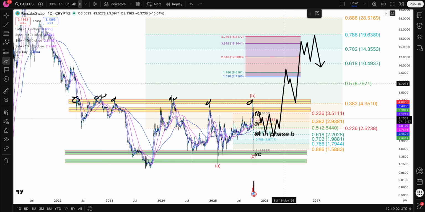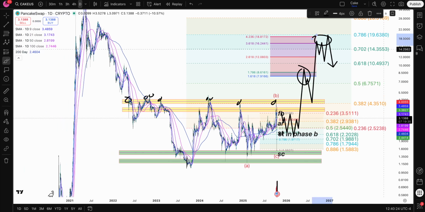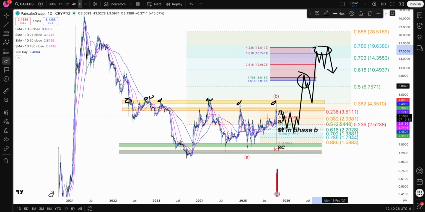If price were to come up to this 50% fib at 675 to 861, I'd consider that fair value, and then 10 to 11 would be overvalued, and possibly even a move to 19.